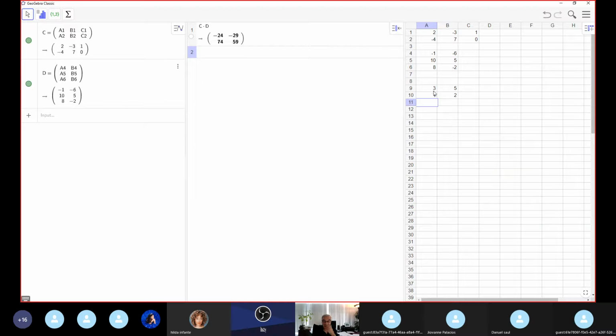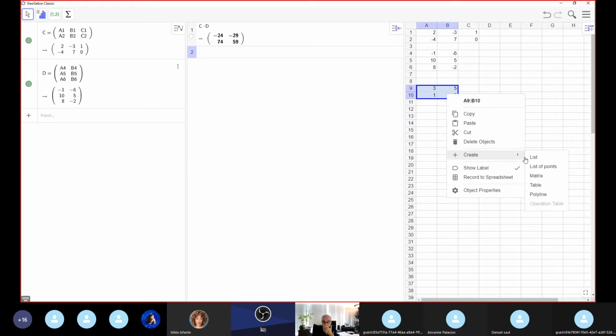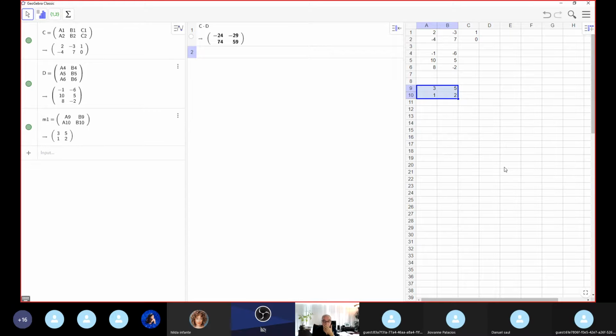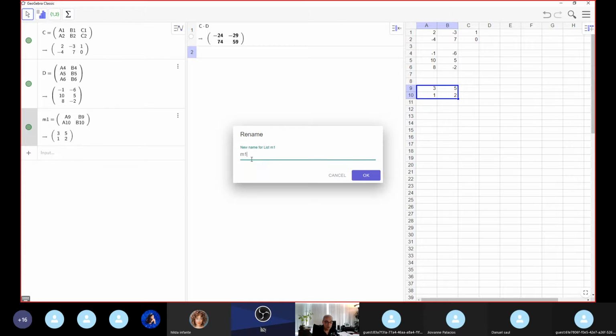Okay, this is the matrix A in our example. Rename it matrix A. Click OK.